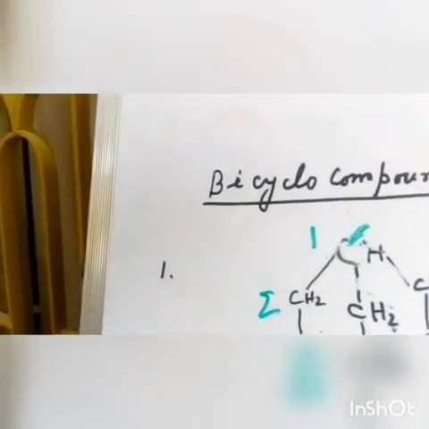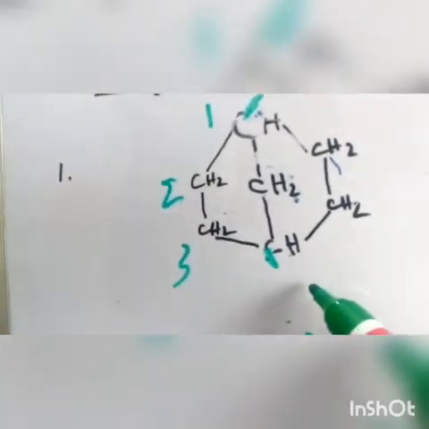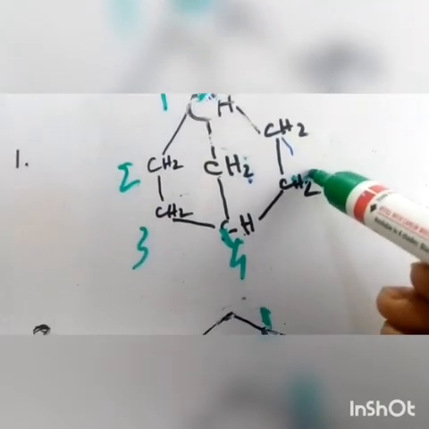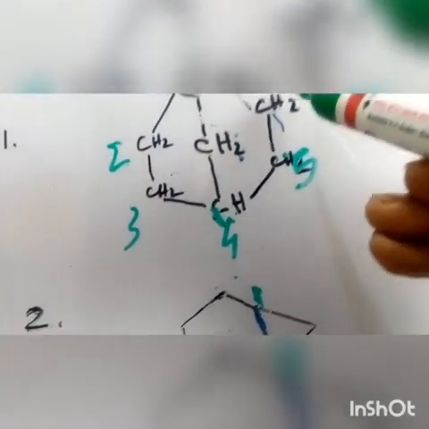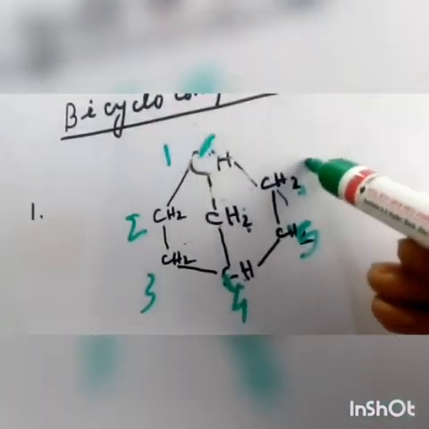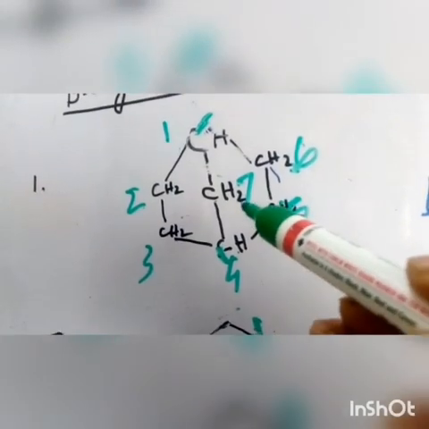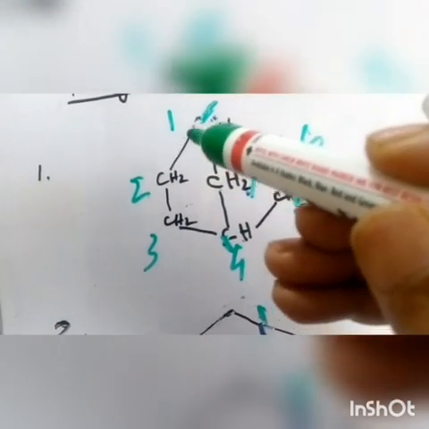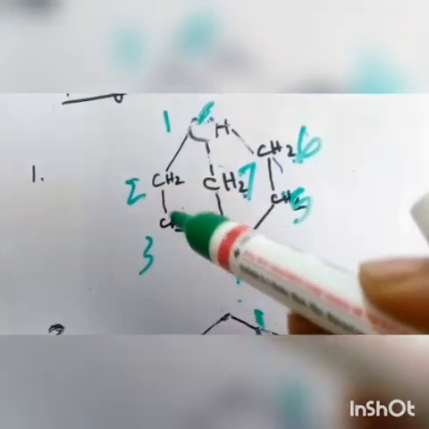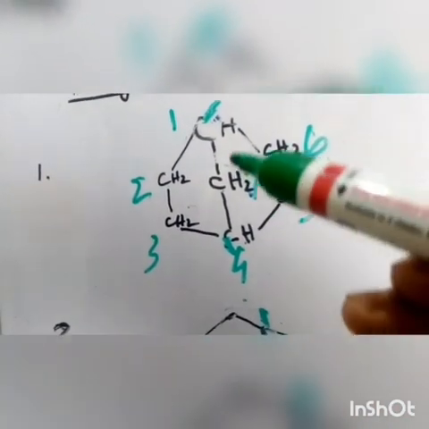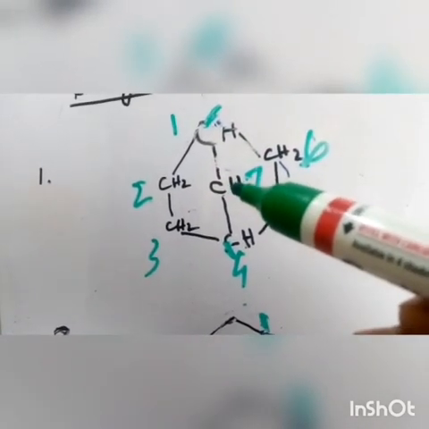So first we shall start numbering 1, 2, 3, 4, 5, 6 and 7. This chain contains 2 carbon atoms and this chain contains 2 carbon atoms. This chain contains 1 carbon atom.